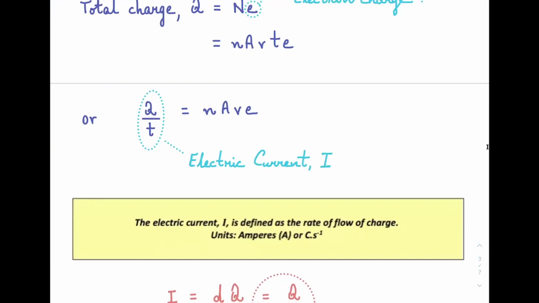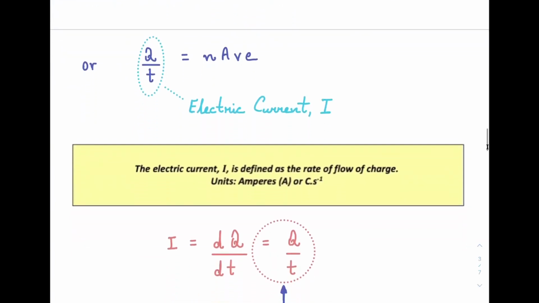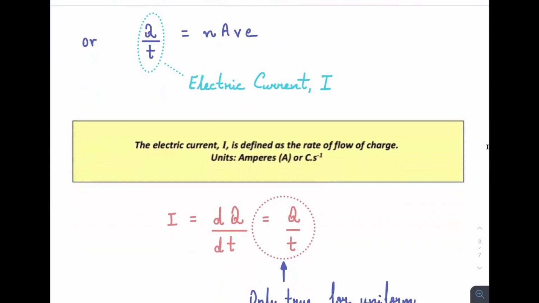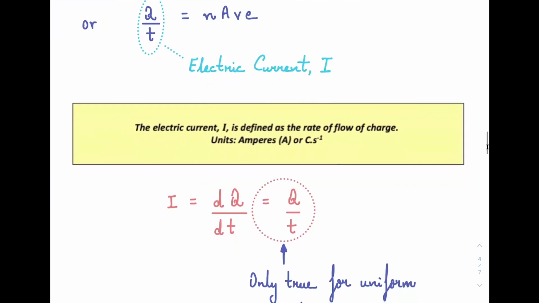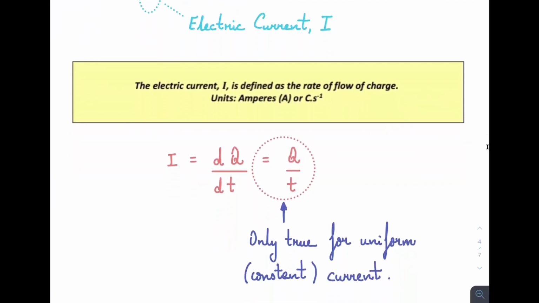Now, the electric current, capital I, is defined as the rate of flow of charge. In other words, if we write this definition mathematically, we are saying that I is equal to dQ by dt. I am using the differential notation here. Or simply, if we deal with uniform or constant current, it becomes Q on t.